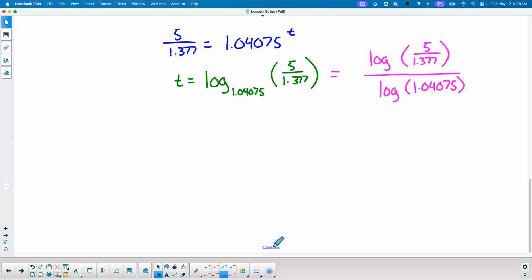Either way, I get a t value here of 32.287 years.